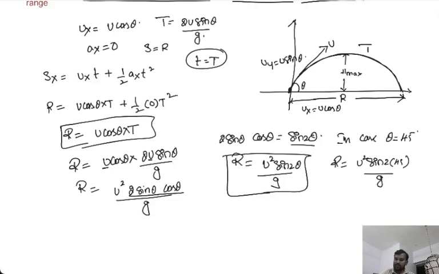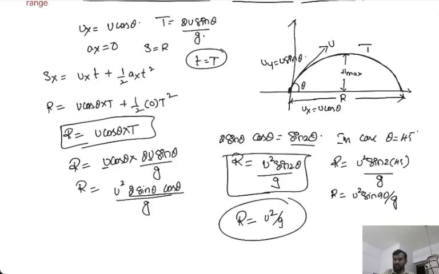Then R is equal to u² sin 90 divided by g. Sin 90 value is 1. Then you write R is equal to u² by g. So in case θ is equal to 45, the range is maximum. R is maximum at θ equal to 45 degrees.